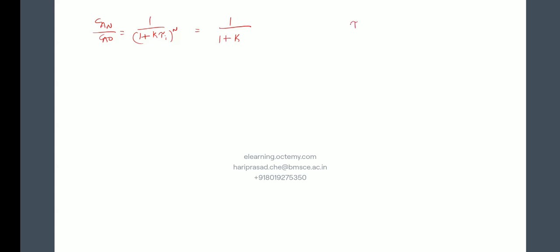So this is what we ended up with, right? CAN by CA naught is equal to 1 by 1 plus K tau I whole to the power of n. Tau I, because I already told you that tau dash is equal to n into tau I. N number of reactors multiplied by individual time constants will give you the total time constant for n number of reactors.